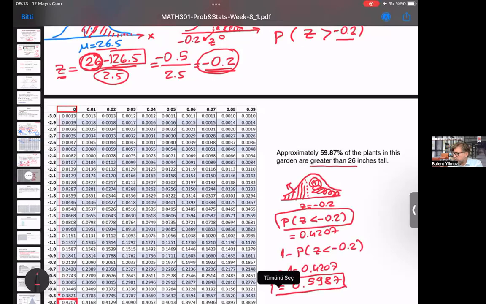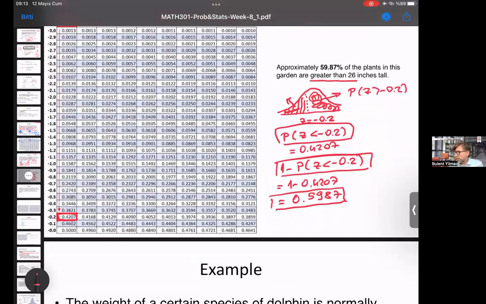So we are interested in this area, which is probability of Z greater than minus 0.2. So that's why I say 1 minus this area will be this area. So 1 minus probability of Z being less than minus 0.2, which is 59% almost.